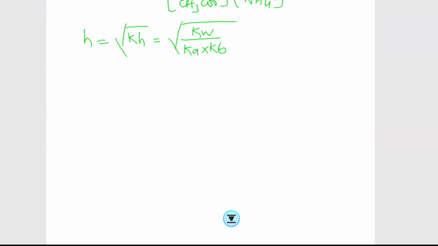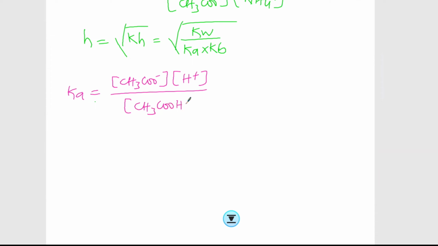Let us write the dissociation constant for the weak acid, Ka. Ka is equal to what? It is the dissociation of acid, that is concentration of CH3COO minus into concentration of H plus divided by concentration of CH3COOH.